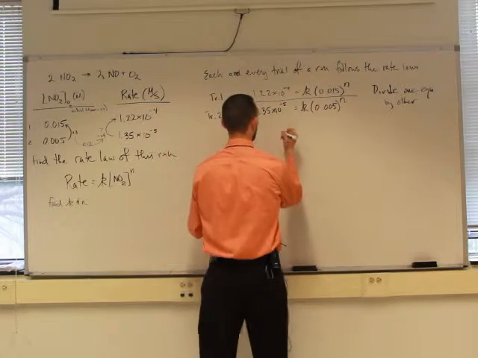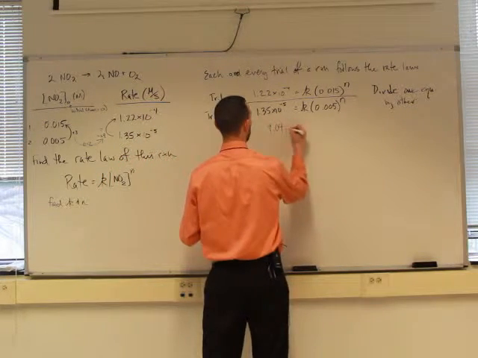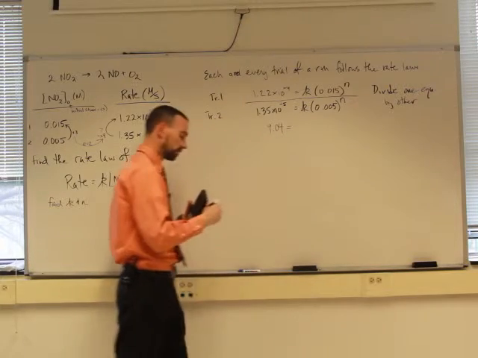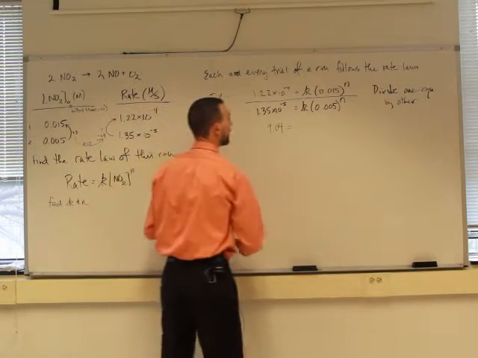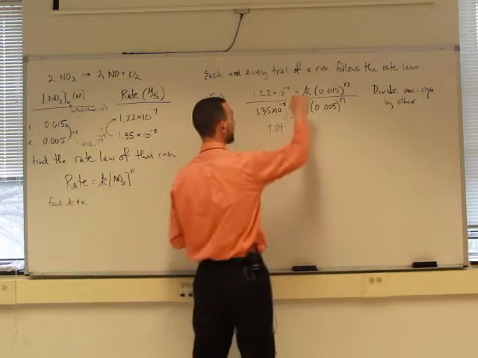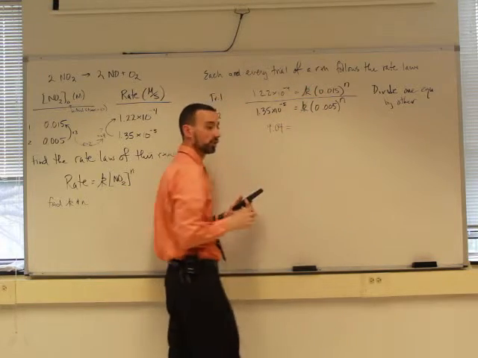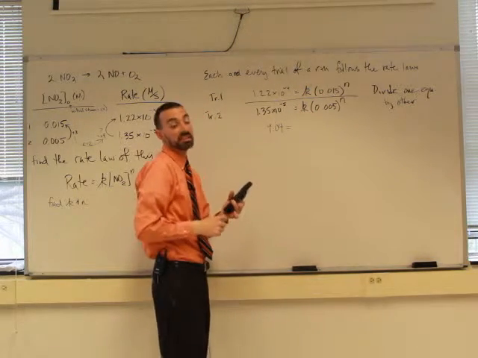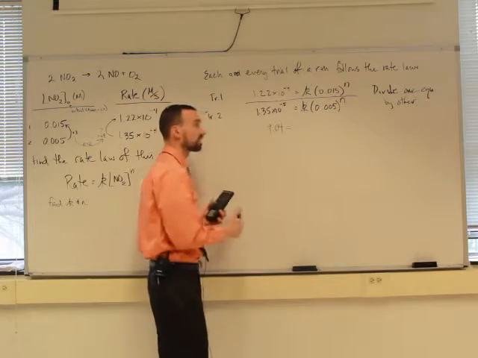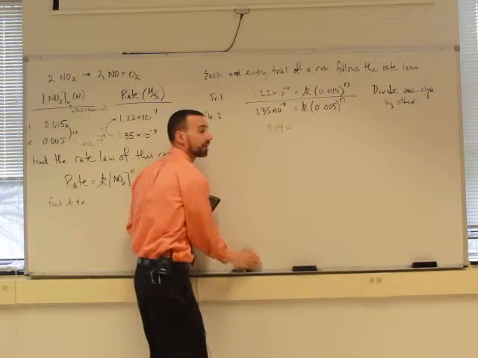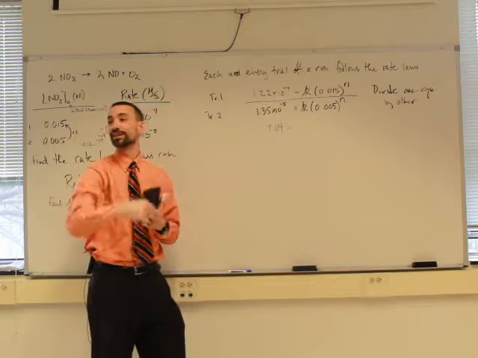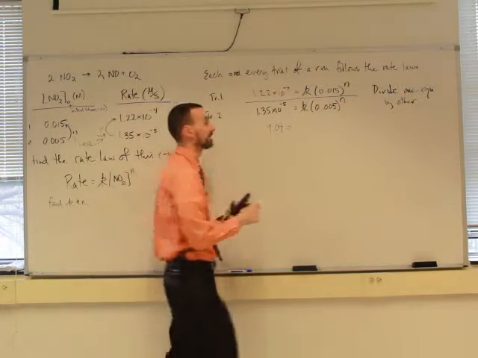I get on the left side 9.04 equals, okay, now k over k, this is now an algebraic expression, so the two k's reduce. Essentially, I've done what I said earlier. I have solved one equation for k and substituted it into the other. All right, so k is being eliminated.